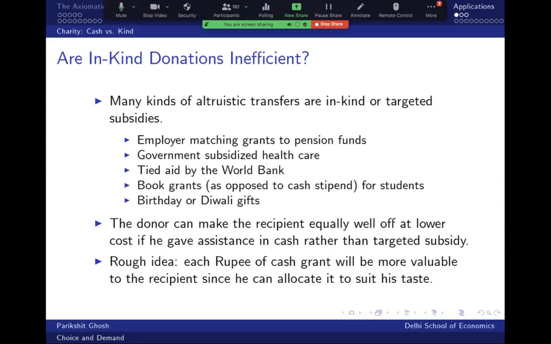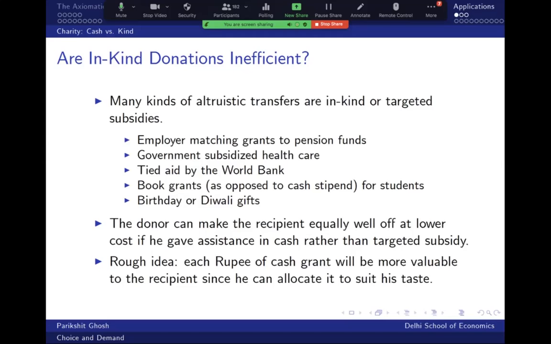In your master's, you have many scholarships, right? Some of them are cash scholarships, but you also have book grants. Some of you have probably received book grants, right? And one criticism that can be made of book grants is similar: why not just give the value in cash?